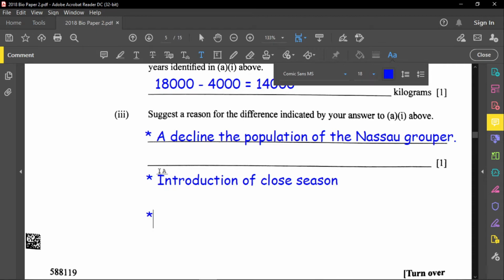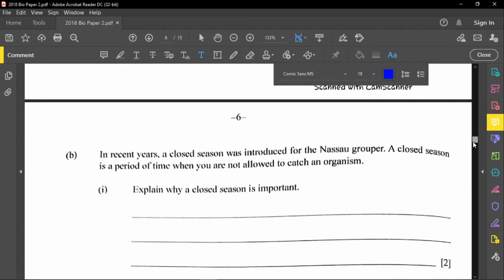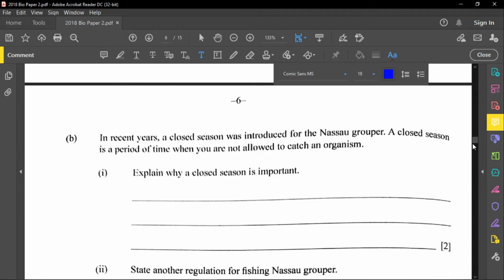Okay, let's put that there as well. Limitation in the amount being caught. All right, so those are possible answers. Decline in population is a great one, an introduction of a closed season, limitation in the amount being caught. All right, so let's go to the next question here now. Part B, it said in recent years, a closed season. So we kind of answered that question up there by saying a closed season, right?